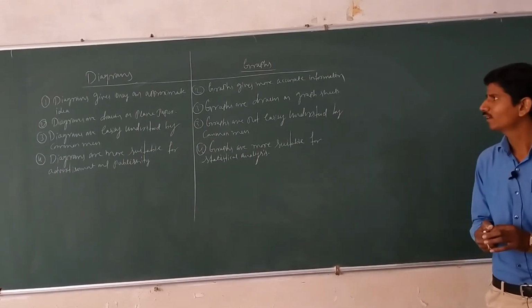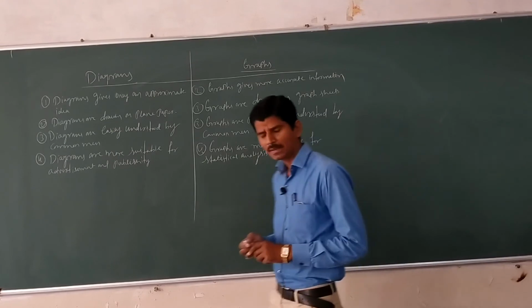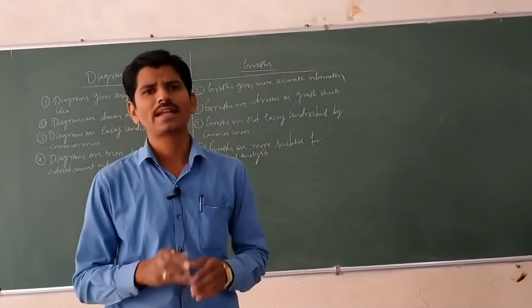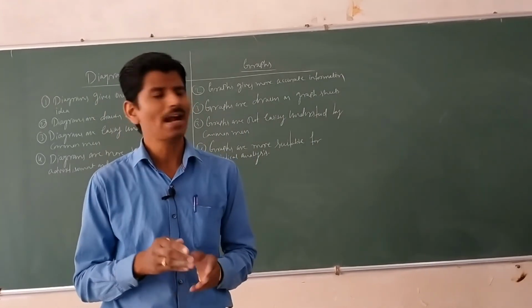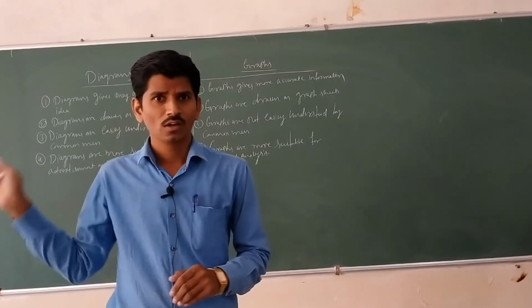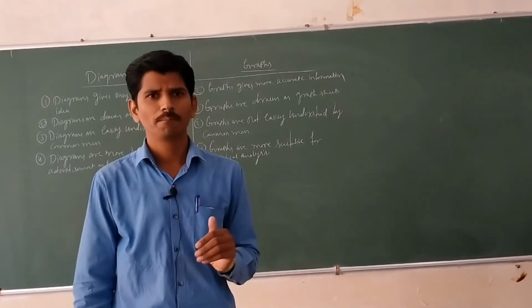Okay, these are the differences between diagrams and graphs. First, diagrams give only an approximate idea and graphs give more accurate information. Second, diagrams are drawn on plain paper and graphs on graph sheets.